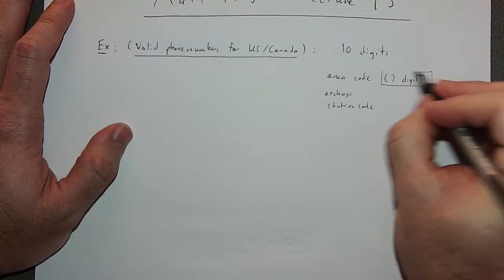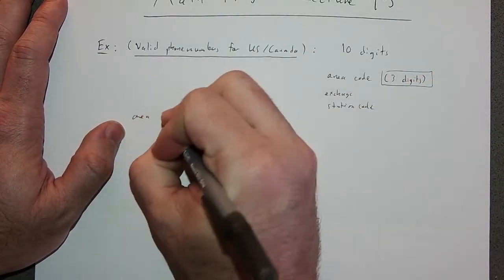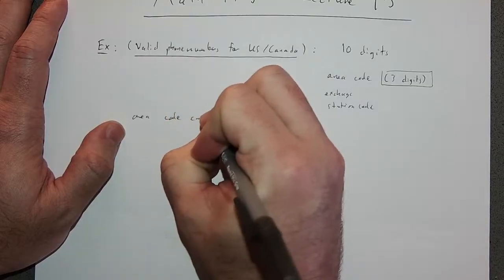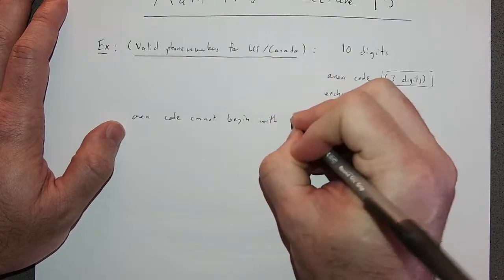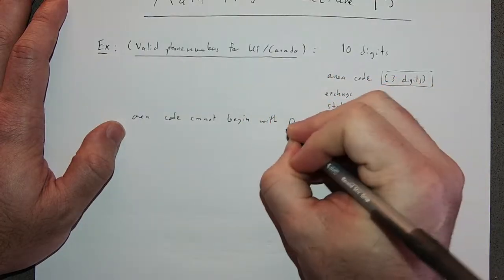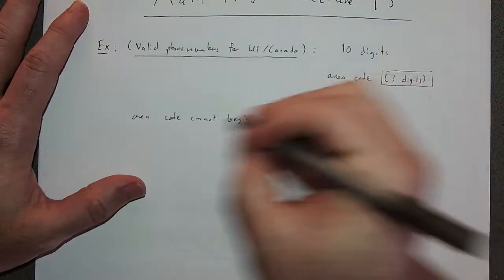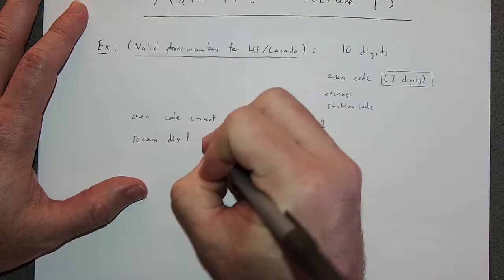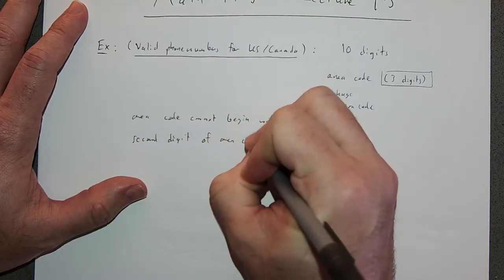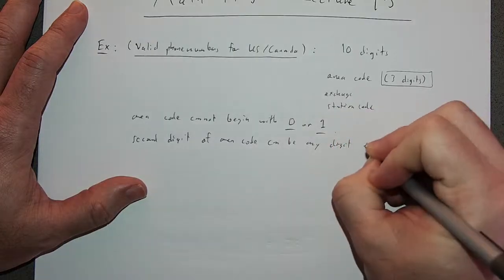But let's focus on this first. There are 2 digits the area code can't start with. Its second digit can be any digit except 9.